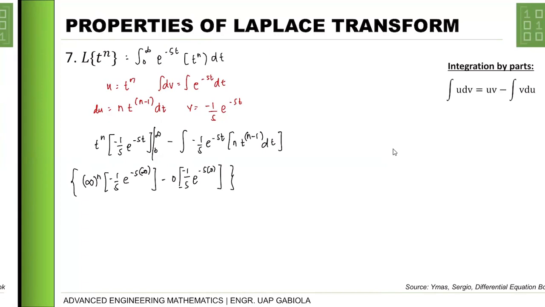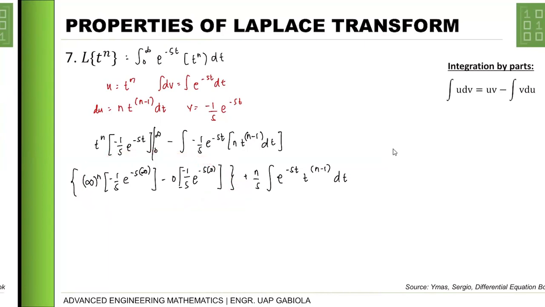Then ito, pwede natin factor out si n, si negative 1 over s, tsaka ito. So, negative times negative 1 over s is positive 1 over s times n. We will have positive n over s, and then integral of e negative st, and then we have t^(n-1) dt. Okay? So, yung atin dito, check natin.